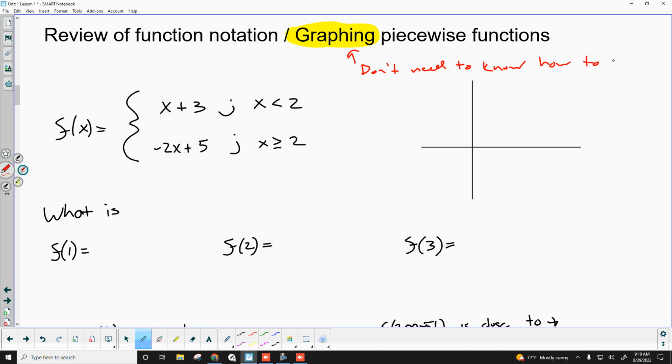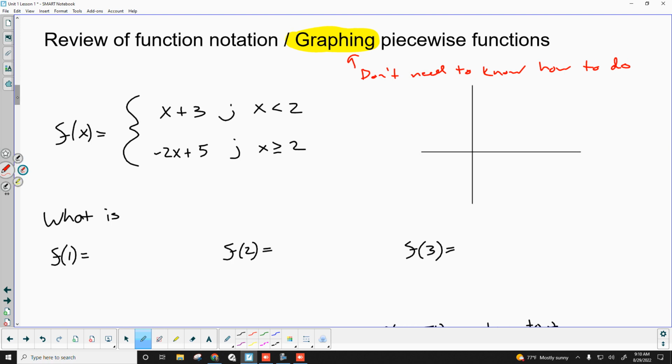It might help us, but typically you'll be given a graph and be asked, hey, what do we got here? Okay. So we're going to answer these first 5 questions without graphing. I'm going to graph it afterwards.